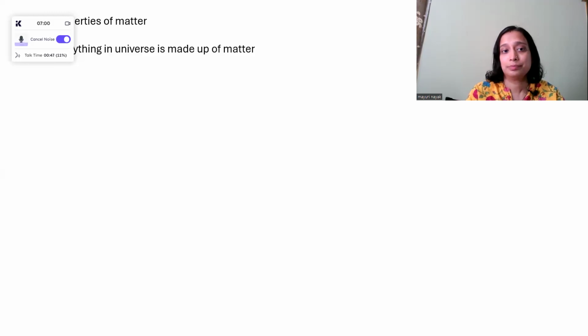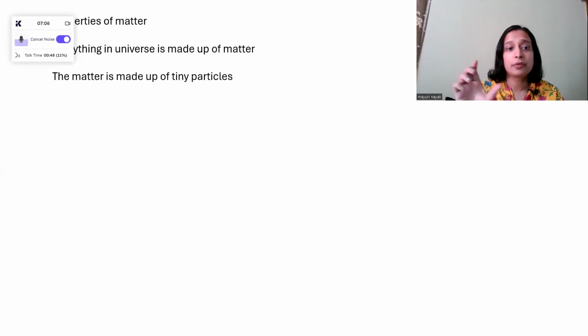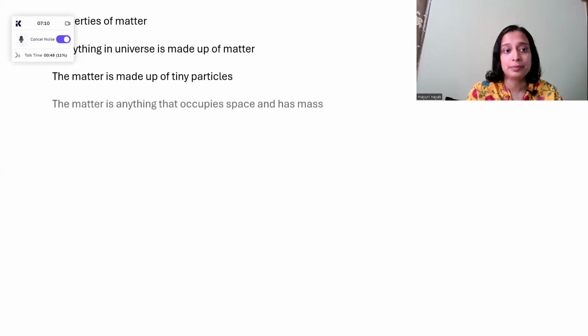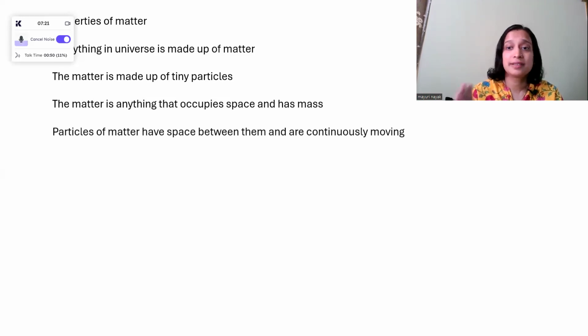Even all the matter requires a space. Then matter is made up of tiny particles called atoms, as we studied. Matter is anything that occupies space and has a mass. This mass is constant everywhere.